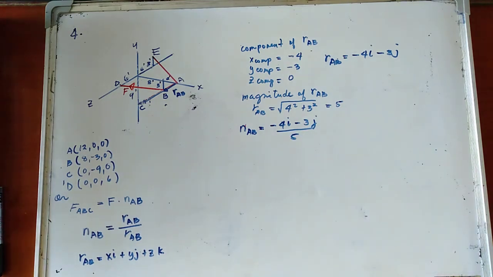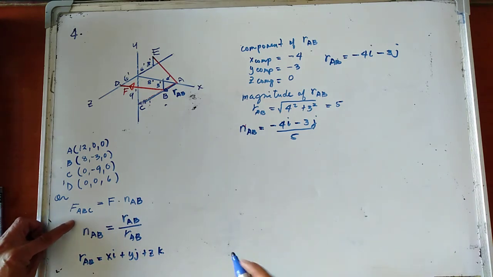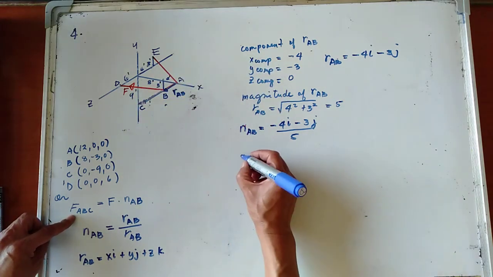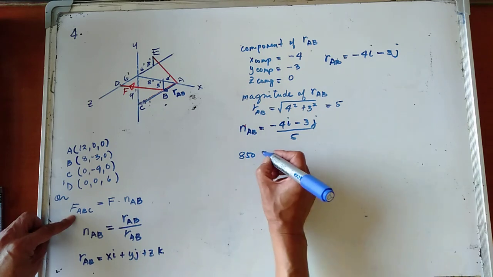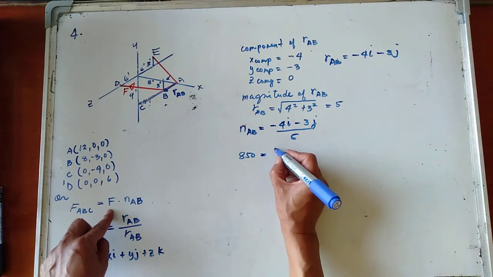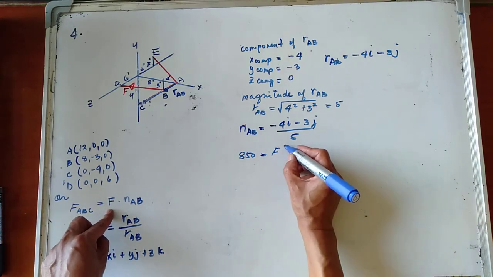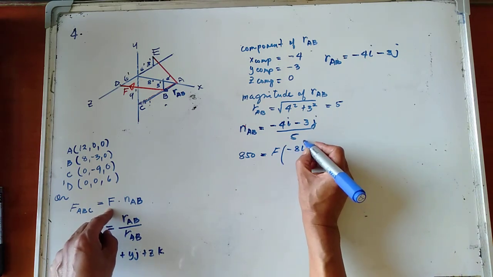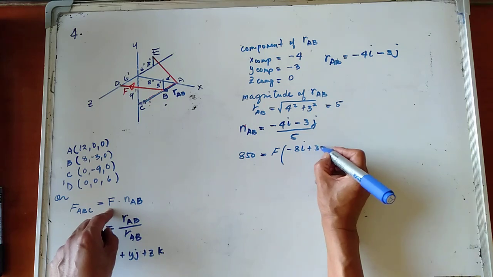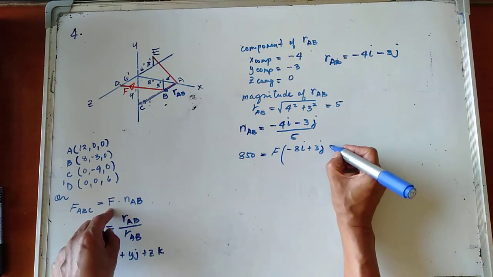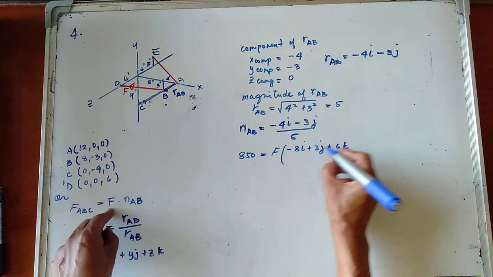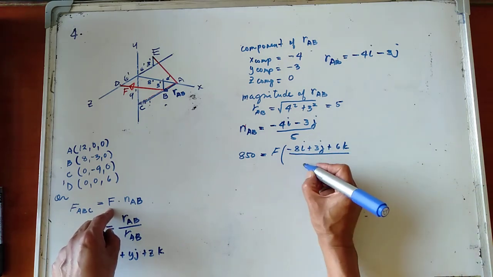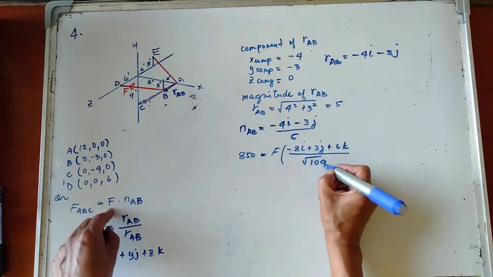So let us try to determine now, from this equation again, your component of the vector in the direction ABC is 850. And your F in here is now the magnitude of vector F multiplied by minus 8I plus 3J plus 6K all over the square root of 109.